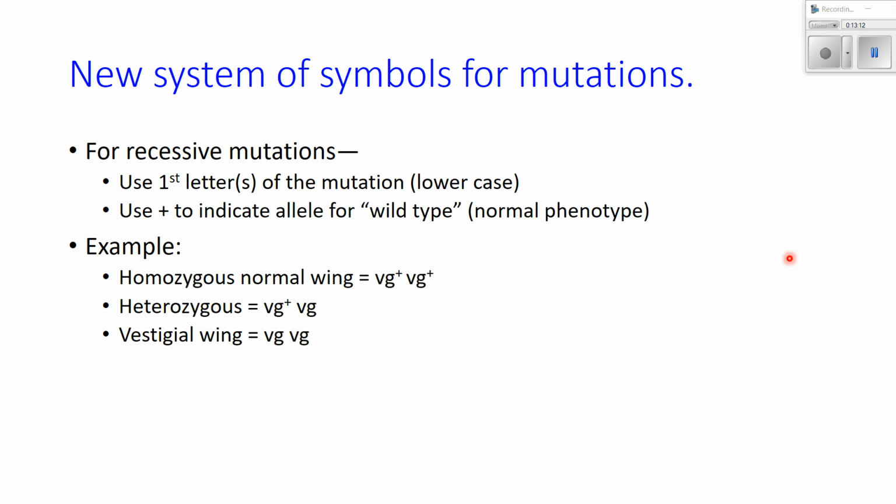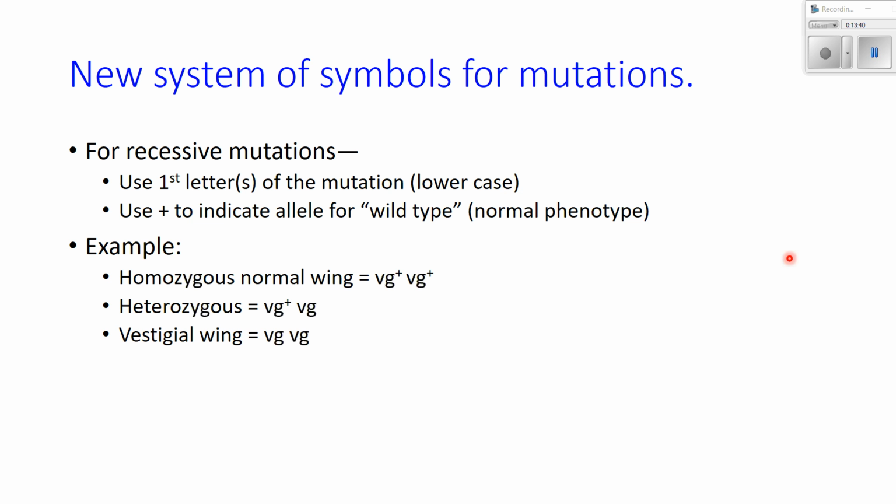And whenever he found that oddball, he figured, well, that's got to be a mutation. There must be a new allele that was created by a mutation that caused that fly to look different. And so he would name the new recessive allele using letters from that particular trait.